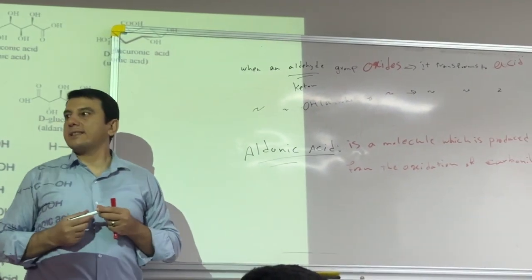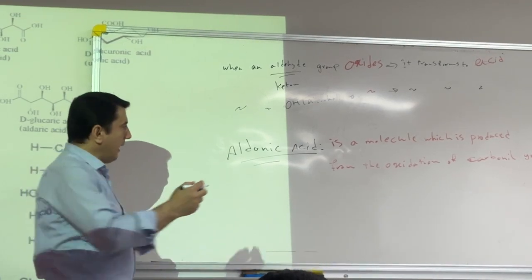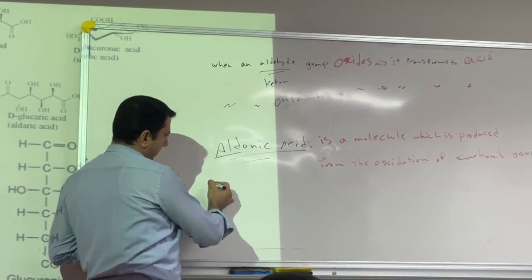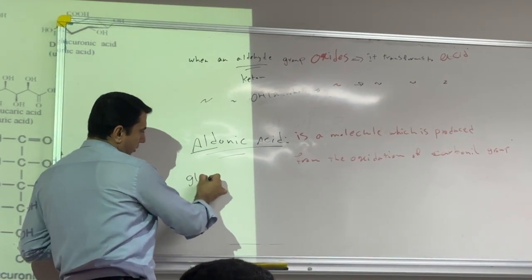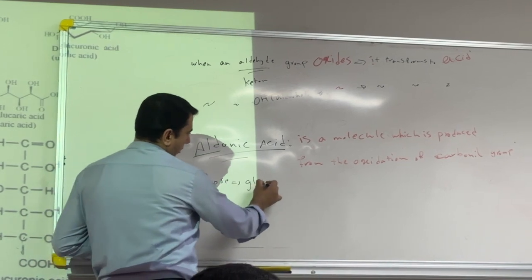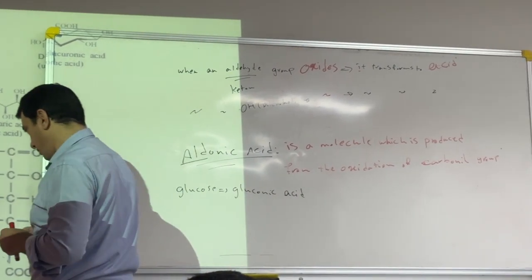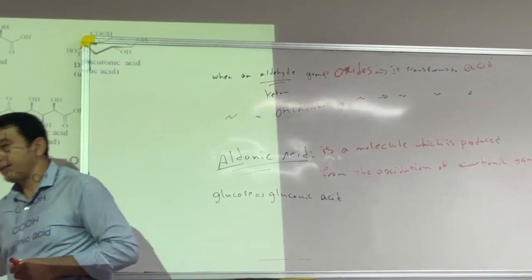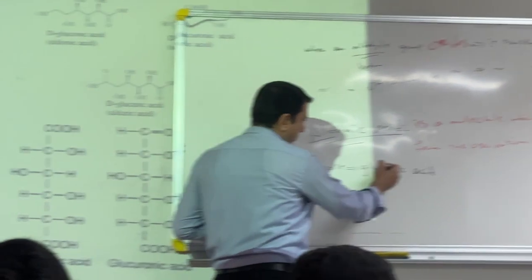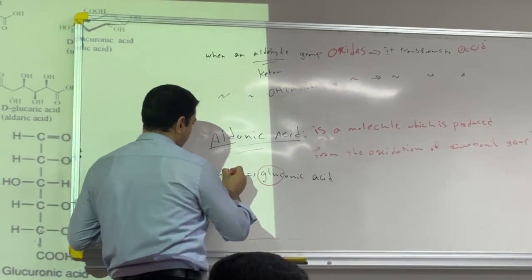You can substitute the name of the sugar instead of this part. For example, glucose changes to gluconic acid.